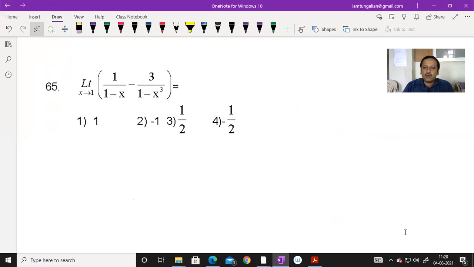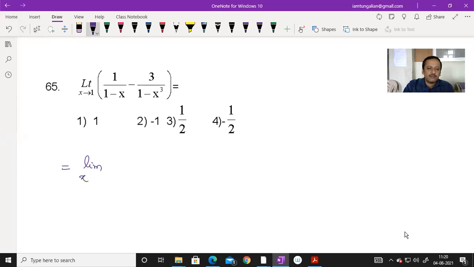So it's of the form infinity minus infinity. Now what is the factor causing the denominator to be 0? When x approaches 1, that 1 minus x becomes 0. So that 1 minus x is causing all the problems. So you take care of that 1 minus x, then you'll get the solution.